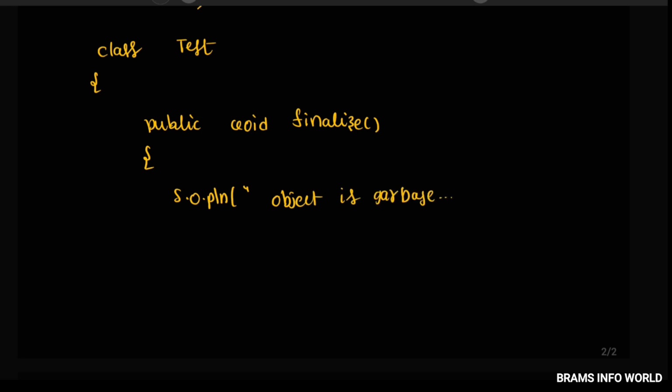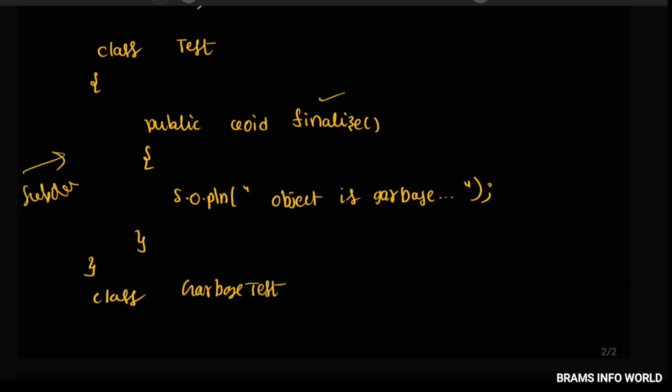Basically everything is done automatically, but if you want to do the garbage collection yourself in the program, we use the finalize method. So this is my Test class, and I'm going to create another class, GarbageTest. This is the subclass, and here we are going to define the main method.